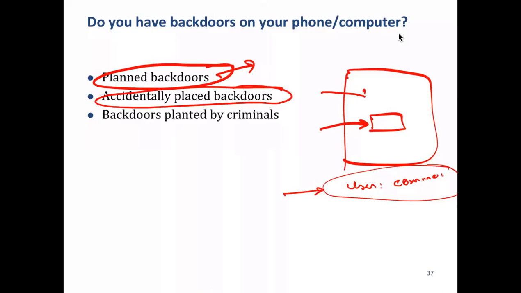Those backdoors are meant to be there only for a short time, but they remain in the system because somebody forgot. Or backdoors planted by criminals, like a rootkit, which, once it has access to everything, will create an API in the code through which any external entity, or the master, can access it.